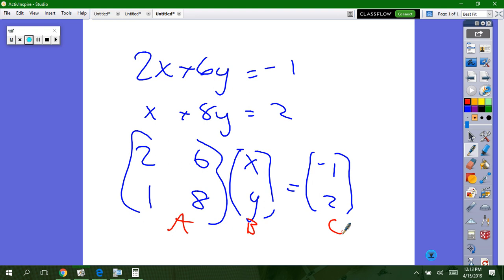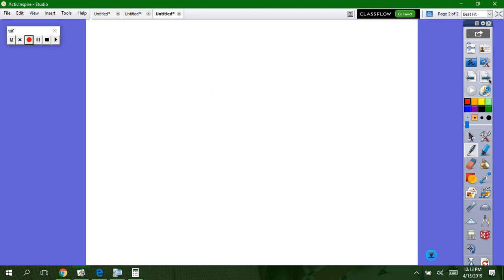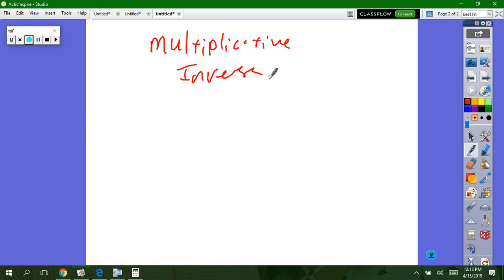Oh, yeah. And the reason why we times by its inverse is because, let's go on to some history of what we've already learned in previous times. A multiplicative inverse. Okay, when I multiply two inverses together, such as 3, what's its multiplicative inverse? 1/3. 1/3.